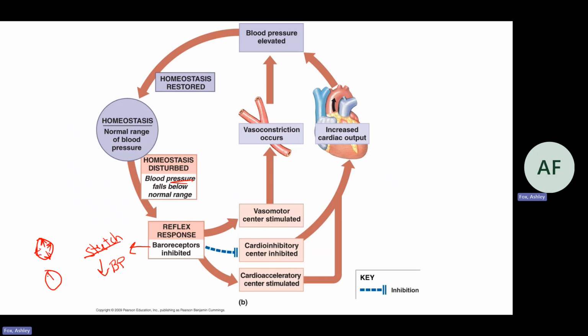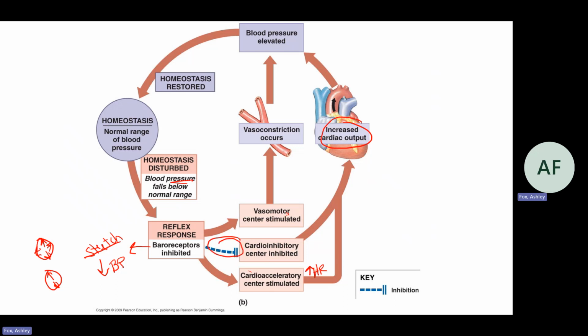If you only have a little bit pushing against it, then they're going to respond. So in low BP, you are going to want to increase blood flow and increase cardiac output. So you're going to stimulate an increase in heart rate, which is going to increase cardiac output. You don't want to go to the inhibitory because that's not helpful at this point.